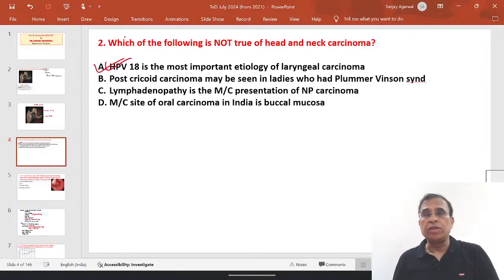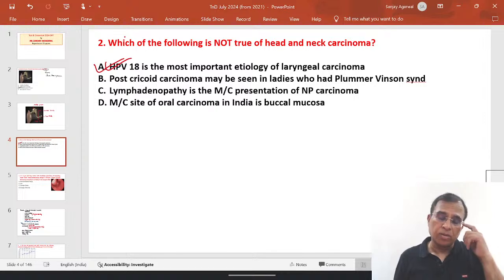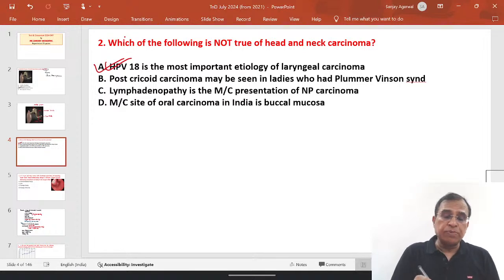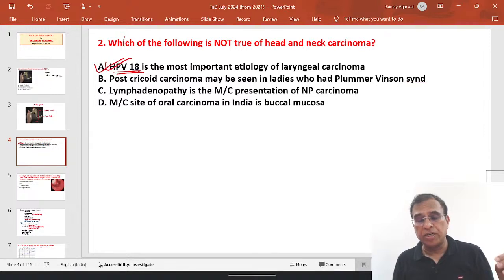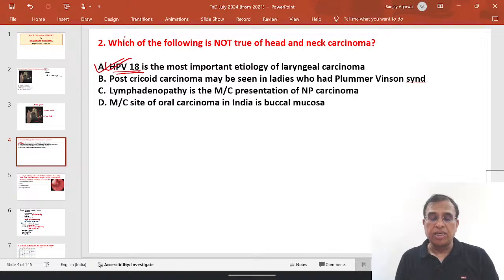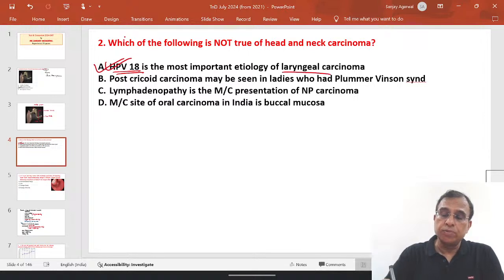If you read, now why is this important? Because if you read old book, in old book, let's say 10-15 years back, HPV was considered as a very important etiological factor for laryngeal carcinoma. Only about 10-15 years back, it has been conclusively indicated that laryngeal carcinoma has no viral etiology.